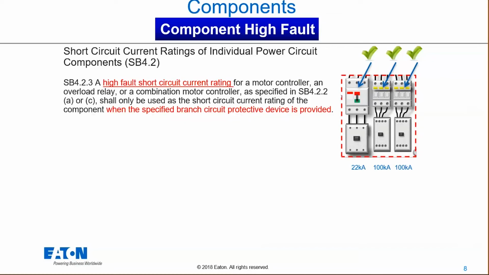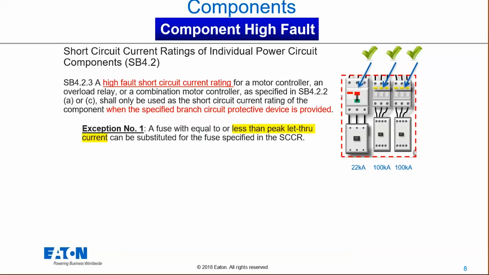So what that means is if I have a high short circuit current rating on my contactor and it is specified that it must be used with a 20 amp class J, or it must be used with a particular circuit breaker, that's what has to be used, except under these 4 conditions.